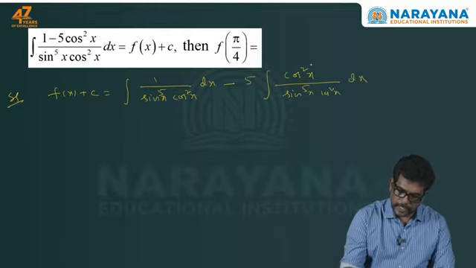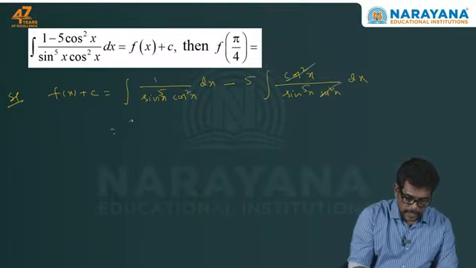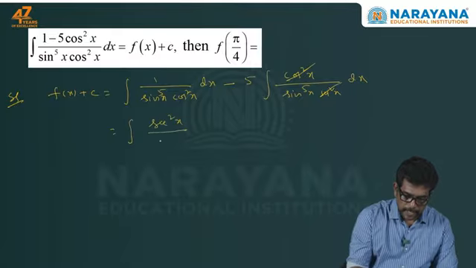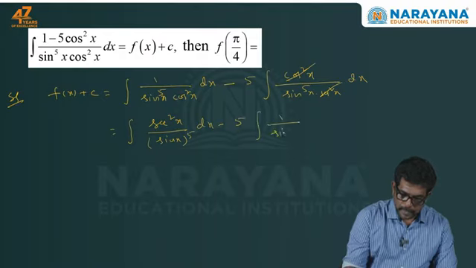Now it is very clear here, cos square x gets cancelled. Now I am writing this as integral of secant square x by (sin x) whole to the power of 5 dx minus 5 into integral of 1 by (sin x) whole to the power of 5 dx.